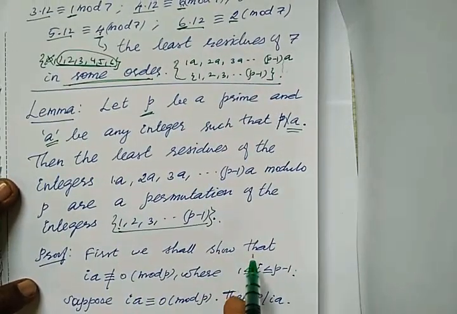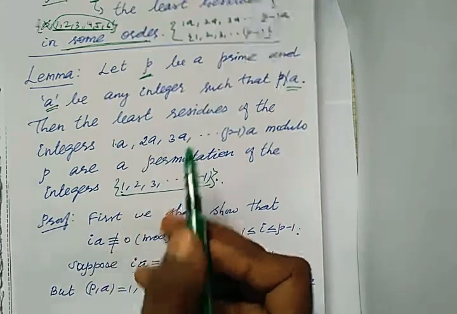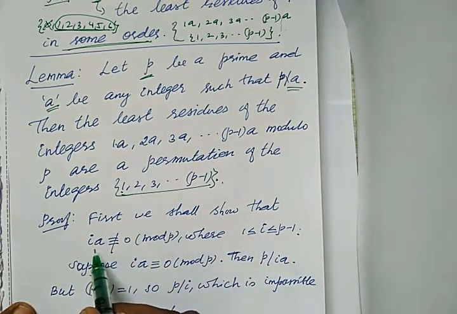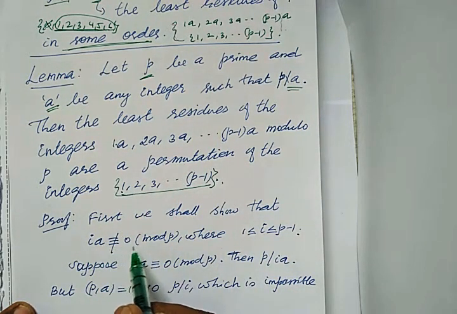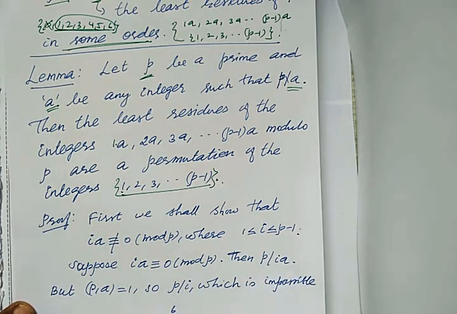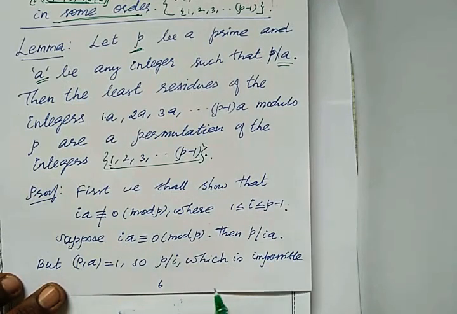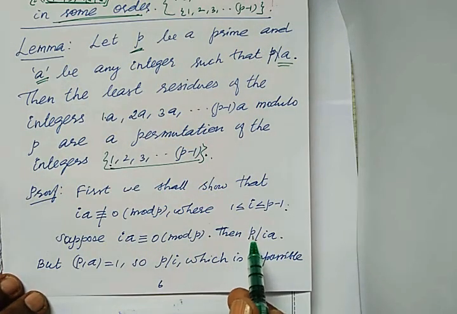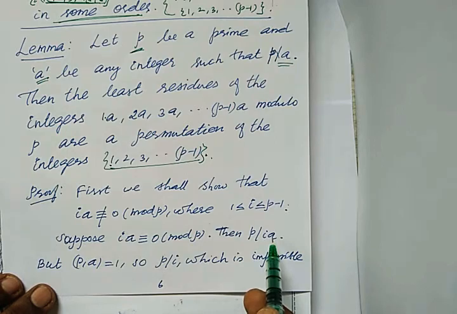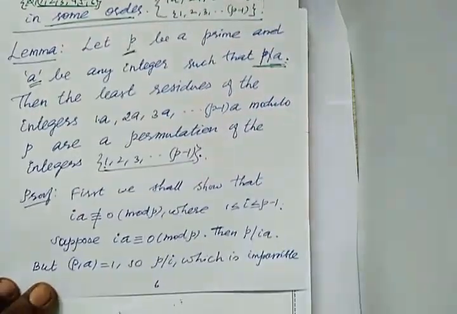First we shall show that IA is not congruent to 0 mod P for any I from 1 to P minus 1. Suppose IA is congruent to 0 mod P. What happens? In that case, P divides IA. But P cannot divide A because it is given that P does not divide A.